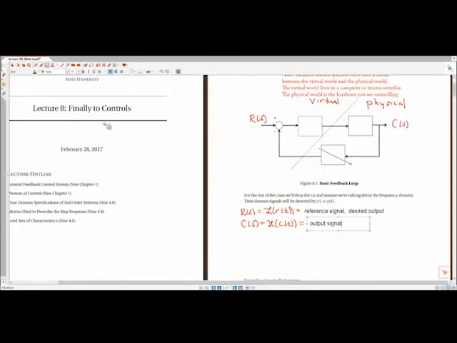So as the output, we have another signal which was called the input. Which is right here. Which is the input signal.